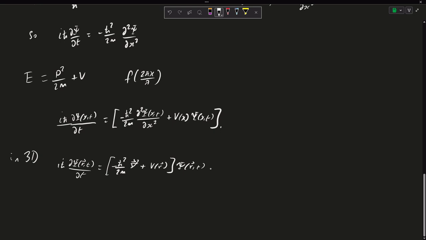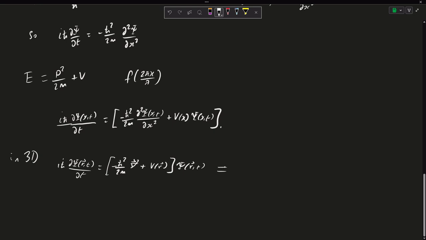For conservative forces, V only depends on r and is time independent. Conservative systems also have a constant energy. So by separation of variables, the wave function can be written in this form, which we'll get into later.